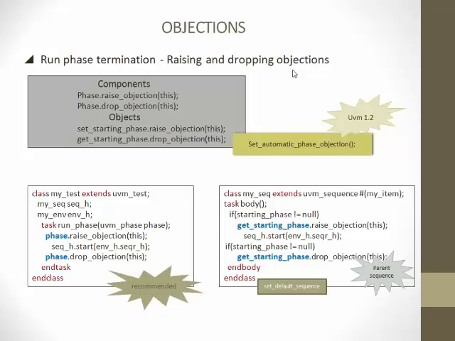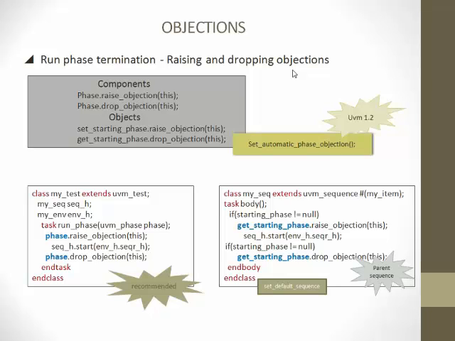Okay. There is also one more thing that has been added in UVM 1.1, which is set_automatic_phase_objection. All you need to do is set that to 1, and it automatically sets the starting phase for the default sequence. Who basically sets the starting phase, by the way, is the default sequence.